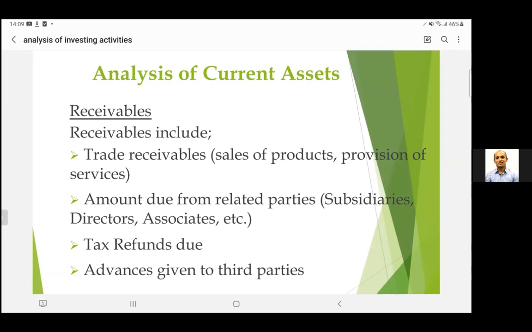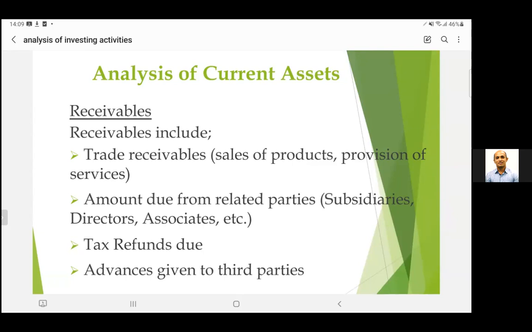So receivables are initially valued at transaction price. If it is sale of goods or provision of service, then the receivable is valued at invoice price. So initial measurement is at invoice price.